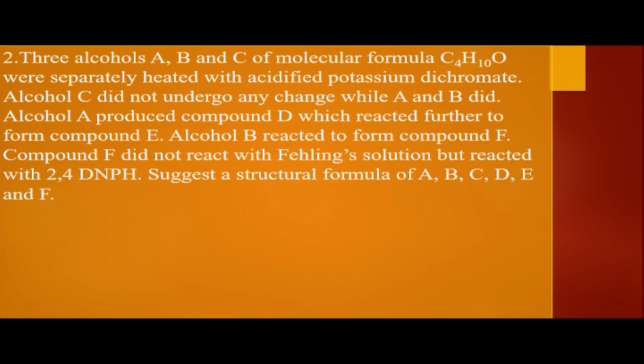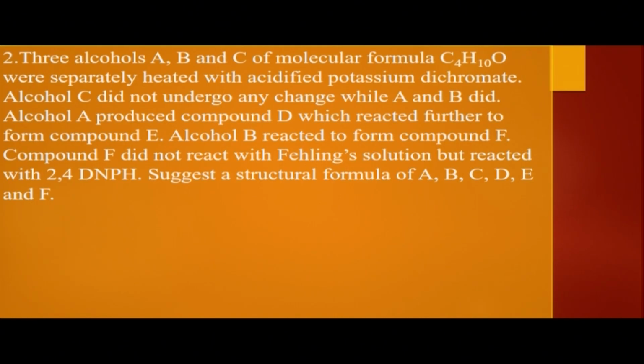Alcohol A produced compound D, which reacted further to form compound E. Alcohol B reacted to form compound F. Compound F did not react with Fehling's solution, but reacted with 2,4-dinitrophenylhydrazine. Suggest structures. So we need to suggest some of the structures of these compounds.